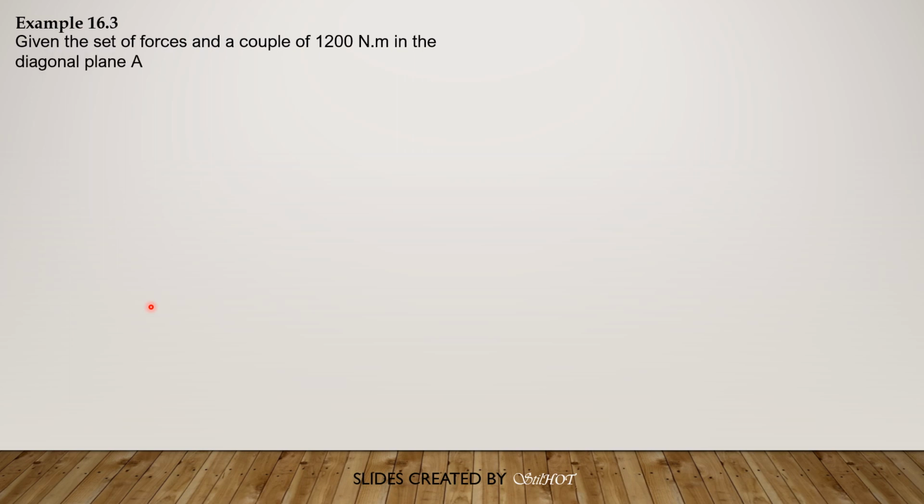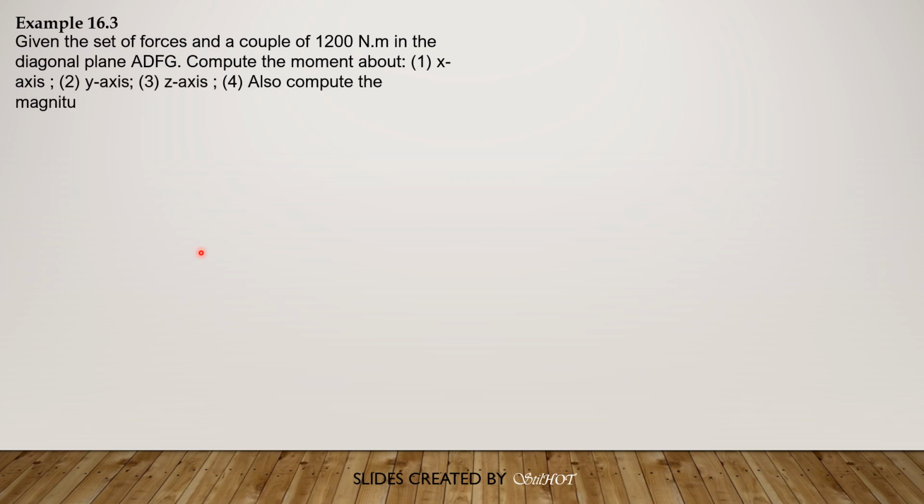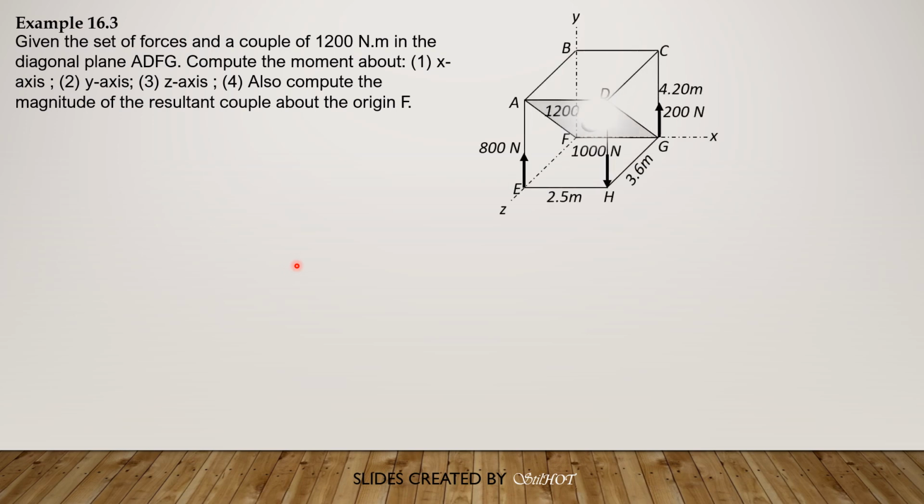Then for our last example, example 16.3, given the set of forces and a couple of 1,200 Newton meter in the diagonal plane ADGF, compute the moment about the x-axis, the y-axis, and the z-axis. Also compute the magnitude of the resultant couple about the origin, which is denoted by F in this figure. All are parallel forces.